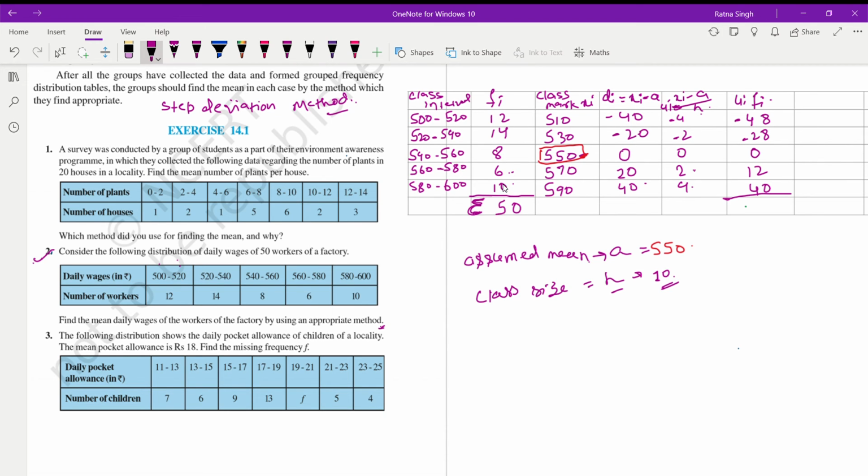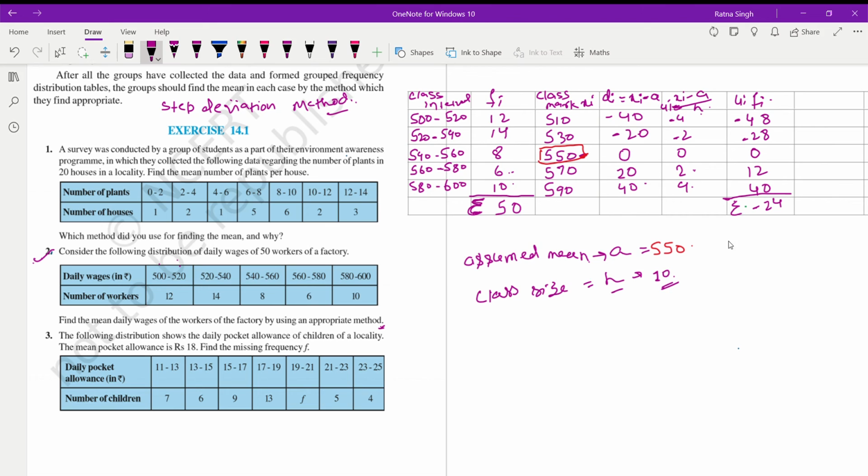Now when we add this ui fi, it will be 40 minus 48, which gives minus 8, and when we add minus 8 and minus 28, it will be minus 36, and when 12 is subtracted from it, it will be minus 24.